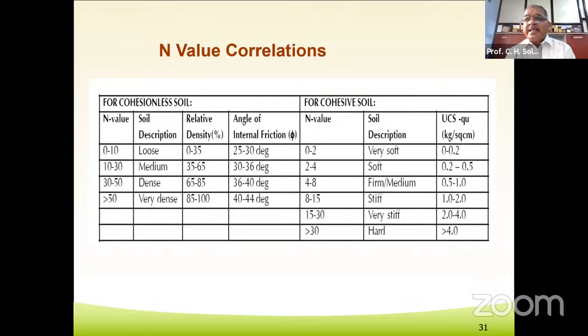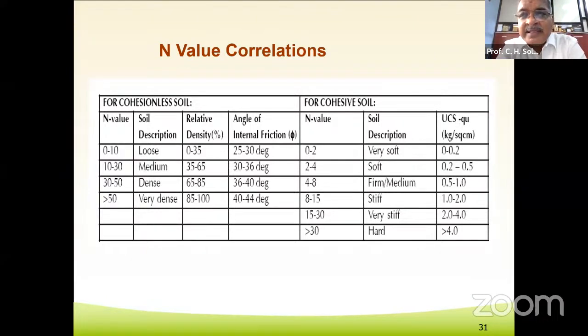It has been said that if the relative density of the soil is in the range of 0 to 15, the soil is very loose. If the relative density is in the range of 15 to 35, the soil is loose. If it is in the range of 35 to 65, the soil is medium dense.